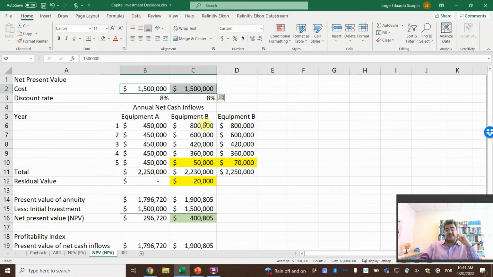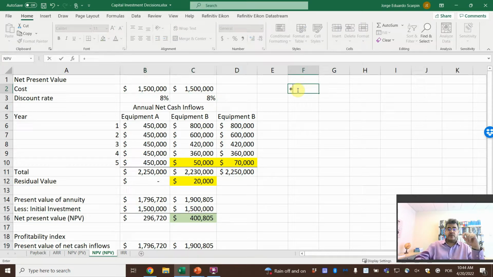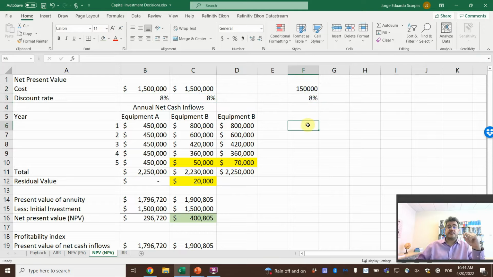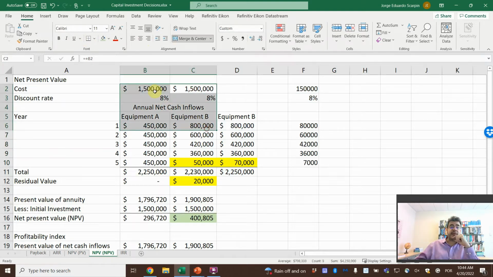However, if the numbers are very, very different, for instance, let's do here, let's divide by 10. All of the numbers divided by 10, for instance. So here, all of the numbers divided by 10.